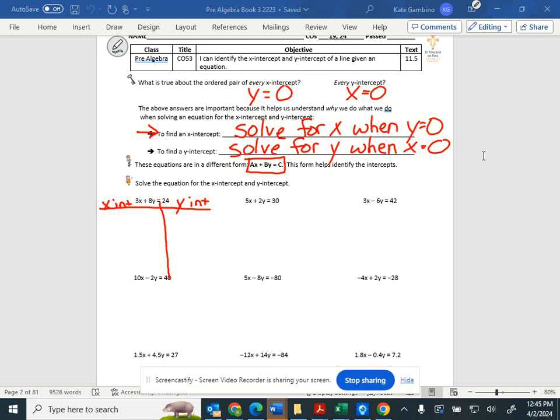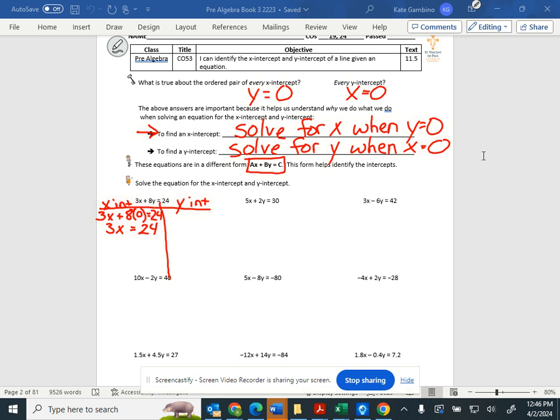Yeah, so I'm going to rewrite my equation, 3X plus 8 times 0 equals 24. Now I'm going to solve for my X. So how do I do that? What is 8 times 0? 0. So that's going to cancel out. So I have 3X equals 24.